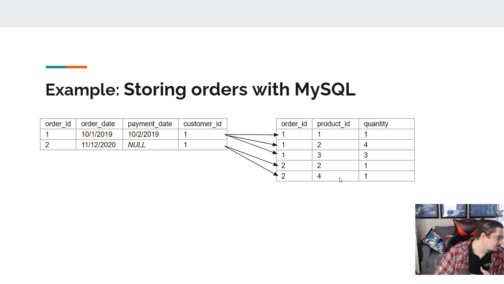Wouldn't that be select star from where order ID equals customer 5? What table are you starting with? Are you starting with orders, or are you starting with order items? Orders. Okay, so you're saying select star from orders, but I said I wanted order items.